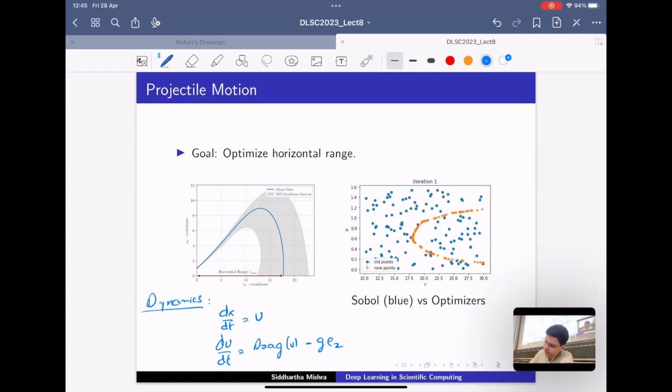Now your initial point: x naught is given by r cos alpha, r sin alpha, and your control parameters are precisely v cos alpha and v sin alpha. So this is the release velocity v and the release angle alpha, and you have to maximize the range, the horizontal range. You can write down an expression for it, but I don't want to bother.